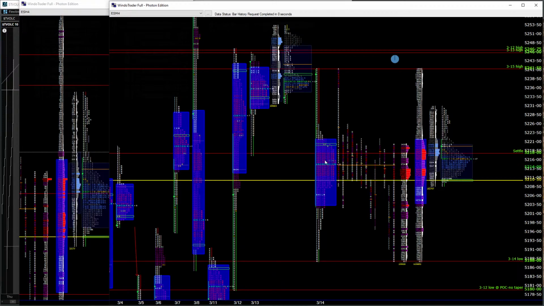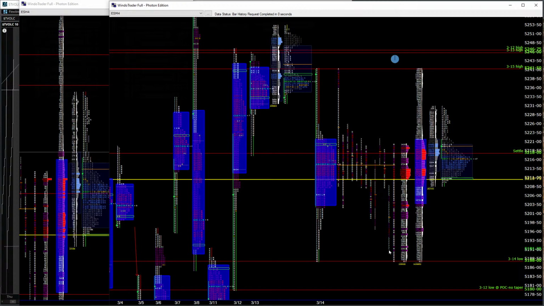As the day developed, when the market had a break to the downside here, I was wondering whether this period was going to have downside extension in L or in M, right?